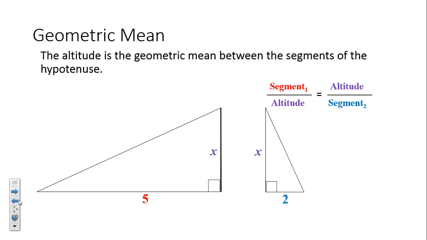Okay, we're going to say X squared equals what times what? 5 times 2. What is 5 times 2? 10. So if X squared equals 10, let's take the square root. And since there are no perfect squares in either 5 or 2, our answer is the square root of 10.